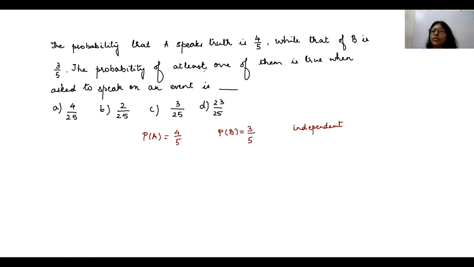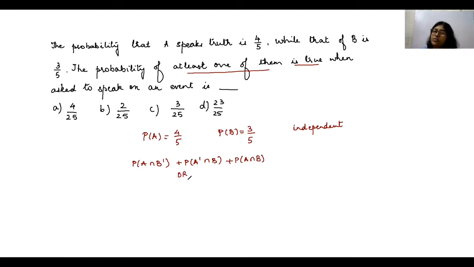Okay, now probability of at least one of them is true, when asked to speak on an event, means at least one of them is speaking the truth. So in order to find at least one speaking the truth, you have to find that A speaks the truth and B lies, or A lies and B speaks the truth, or otherwise both of them are speaking the truth.